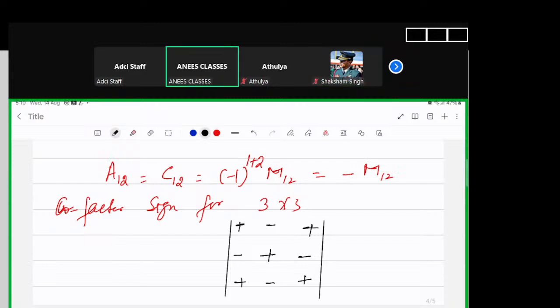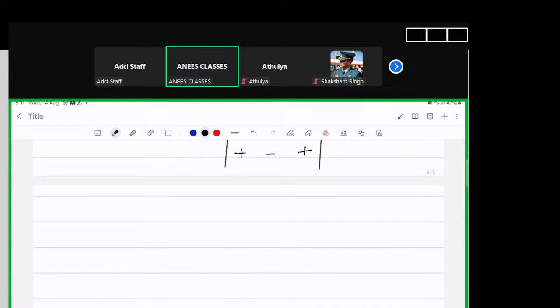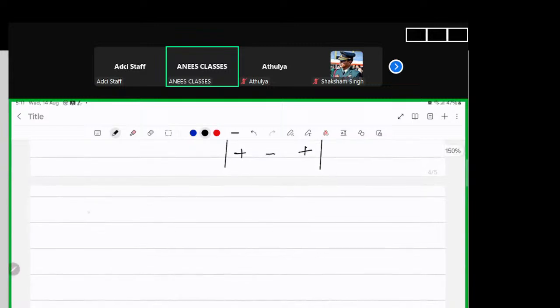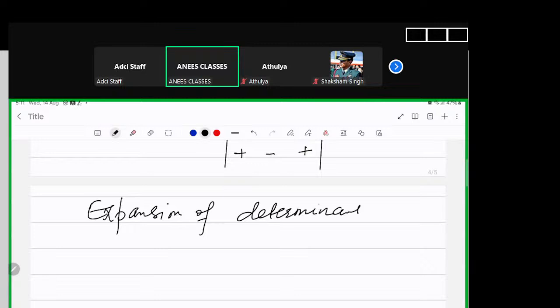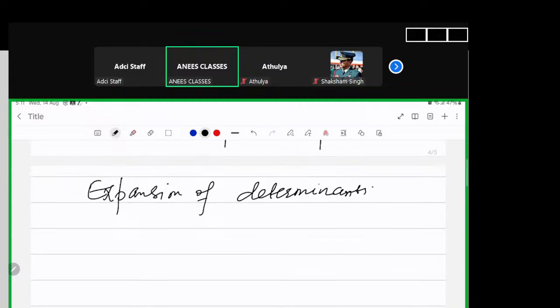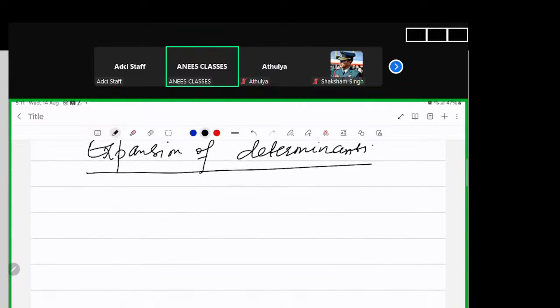You have understood this. Now I will expand a determinant. So, expansion of a determinant. Suppose that I have a 3 by 3: A1, B1, C1, A2, B2, C2, A3, B3, C3.